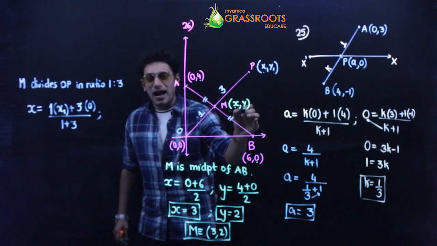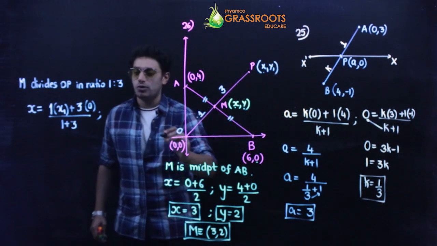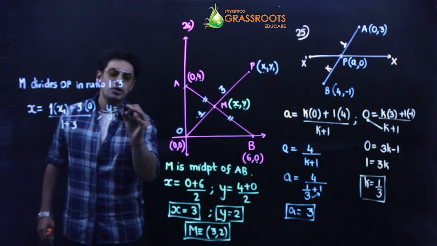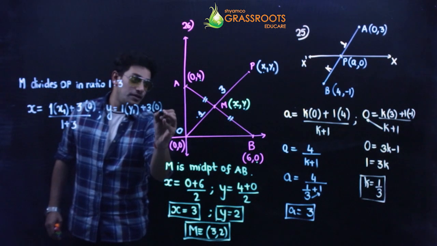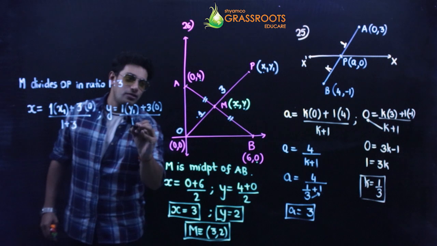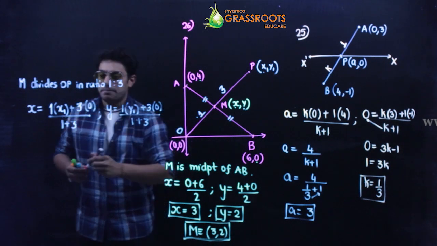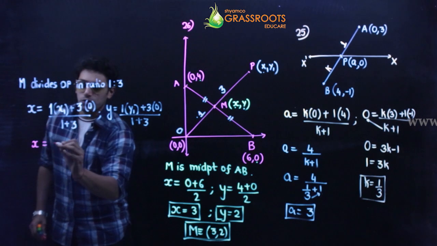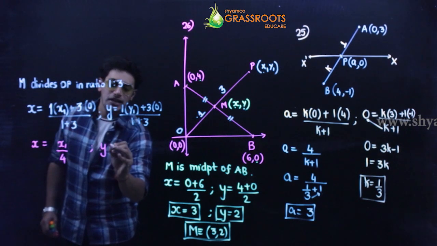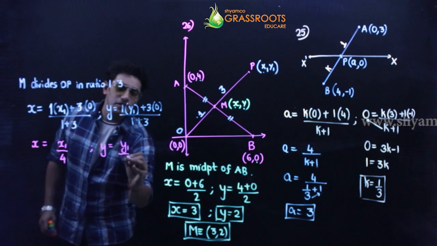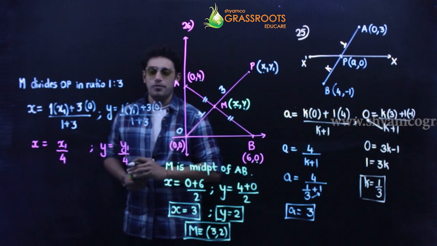And y is equal to 1 into y1 plus 3 into 0, upon, again, the ratio 1 plus 3. Fine. So x is equal to x1 upon 4 and y is equal to y1 upon 4. Alright, that sounds perfect.